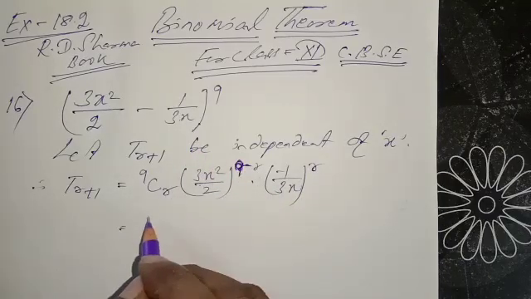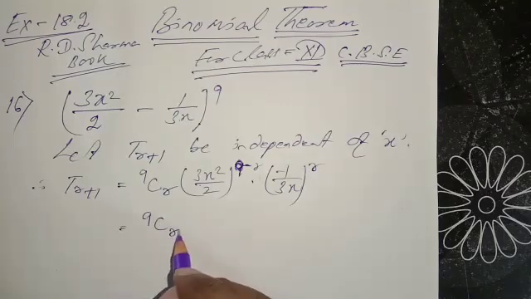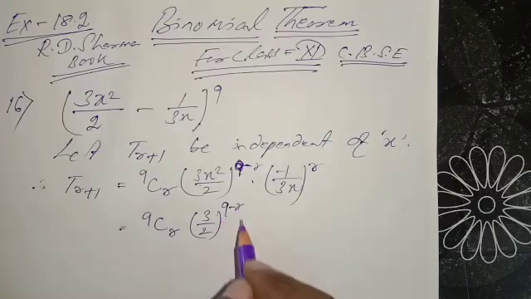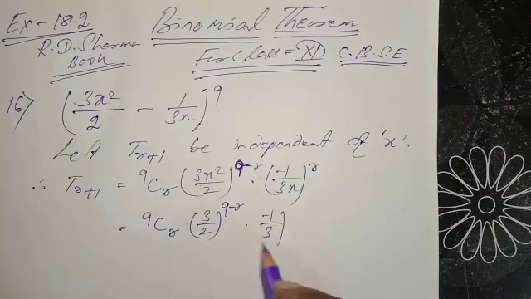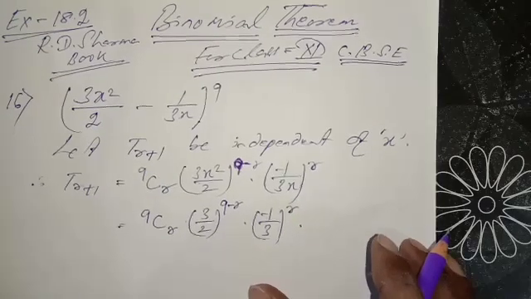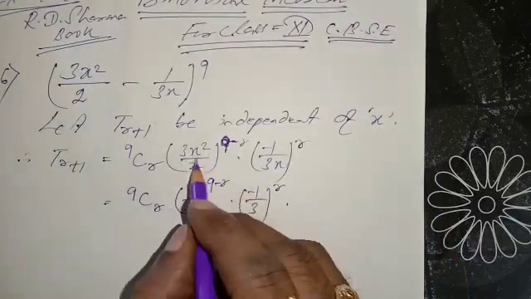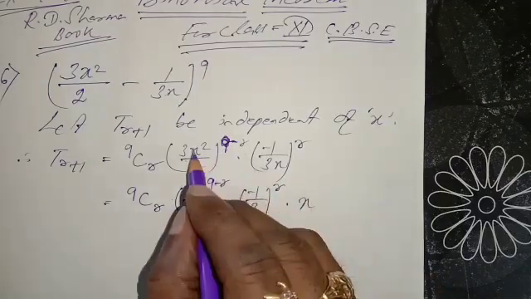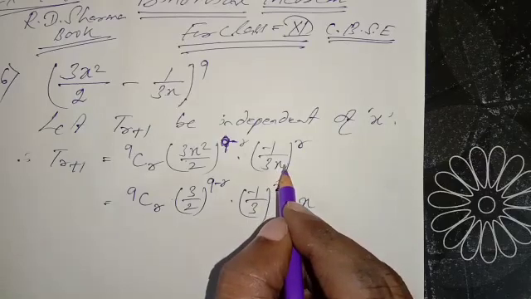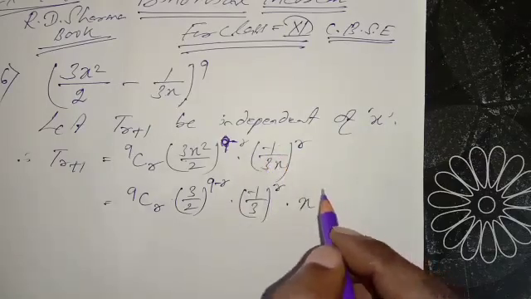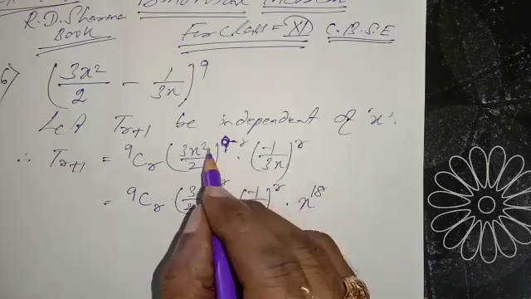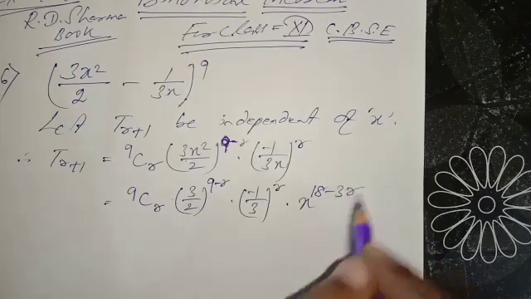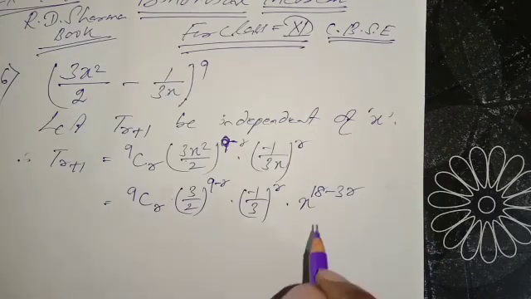Now it will be 9Cr, (3/2)^(9−r) times (−1/3)^r, and then x² to the power 9 minus r gives x^(18−2r), and here x^(−r). Combining, 18 minus 2r and minus r, that is minus 3r, so x to the power 18 minus 3r.